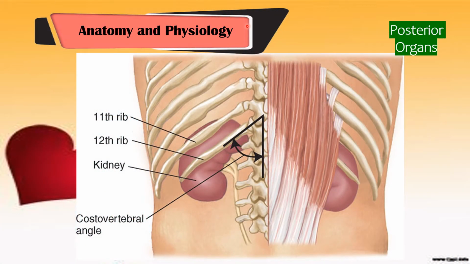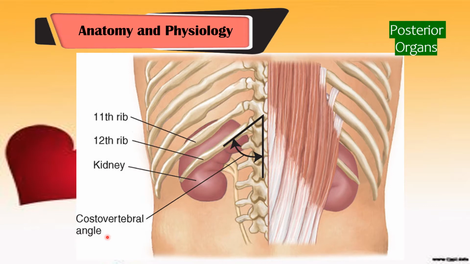Okay, moving on to our anatomy of the renal system or the posterior organs. Okay, so the kidneys are retroperitoneal or what we call as posterior organs. So the ribs protect their upper portions.